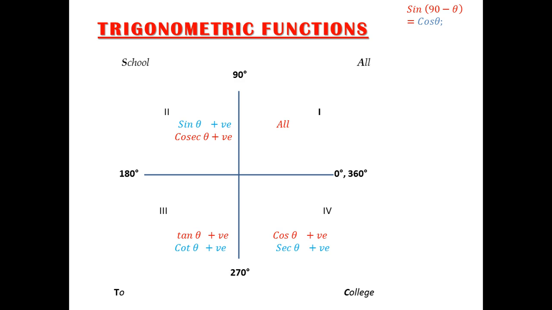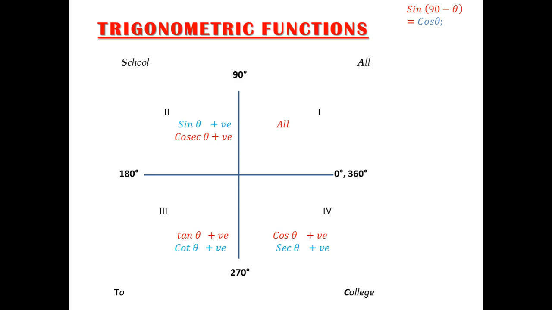Okay. Second thing is clear. Third, you have to check the sign of the trigonometric function. Here we are in first quadrant. In first quadrant all are positive, so we have no tension of positive or negative.